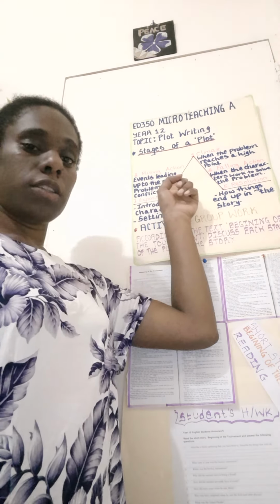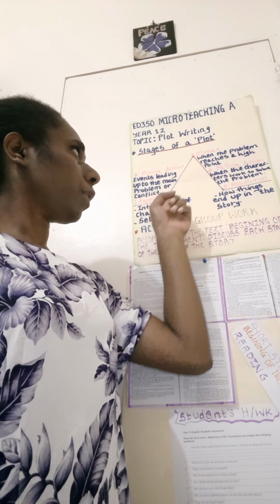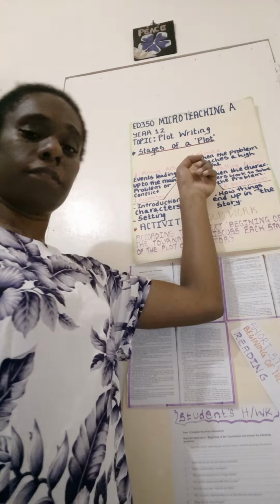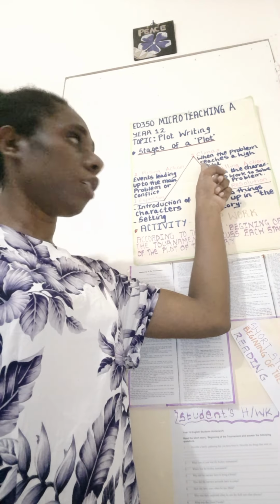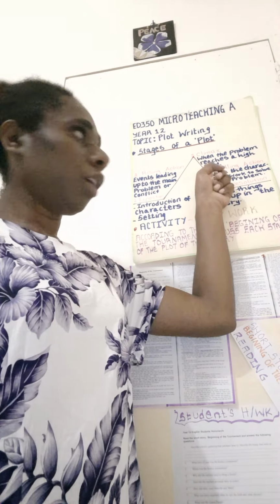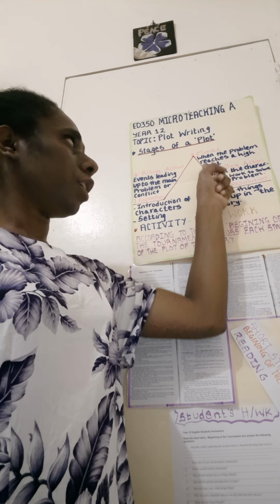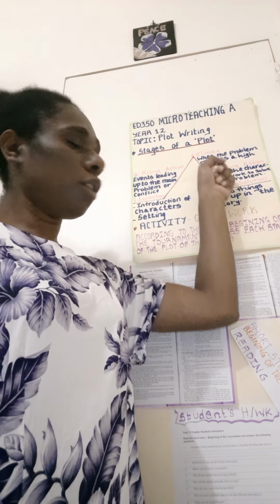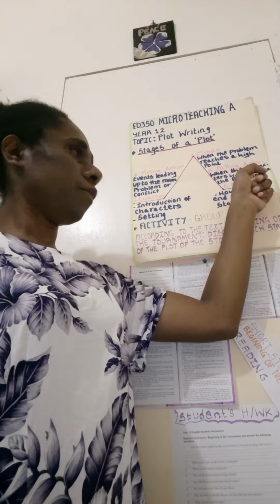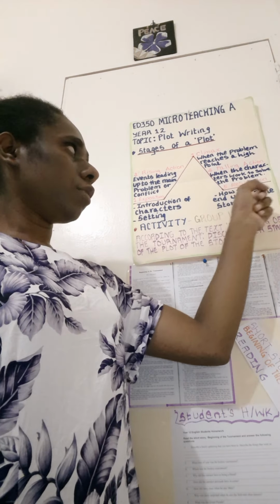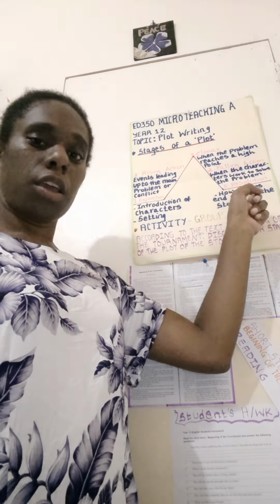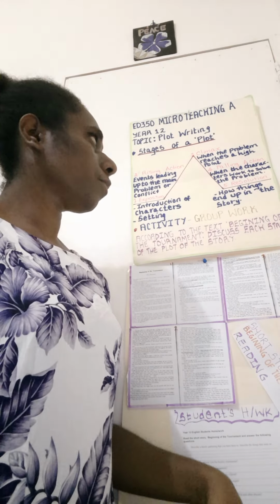Stage 2 is the rising action, when climbing up the mountain. Stage 3 is the climax, the top of the mountain. Then we have falling action, which is stage 4, when you come down from the mountain. Then we have resolution, when you get right down from the mountain.